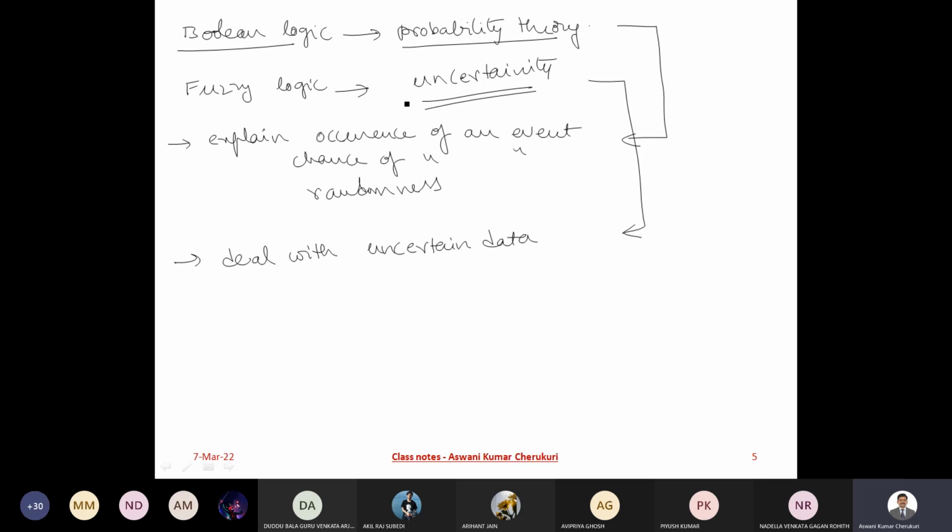Look at the case of probability. It's not that you are dealing with uncertain data. Here you are dealing with uncertain data, or trying to provide suitable solutions when you have uncertain data. And another thing is that here you are dealing with linguistic variables.